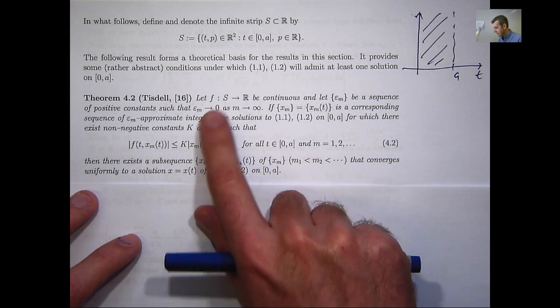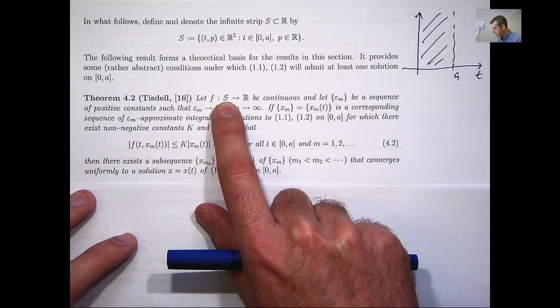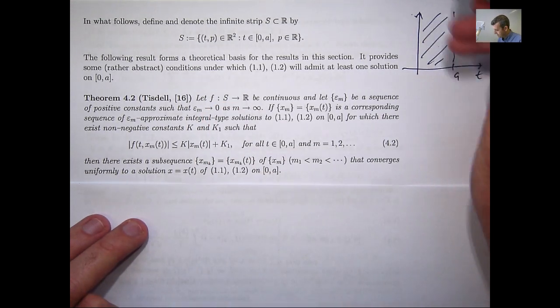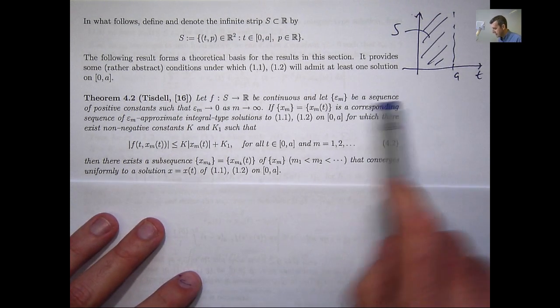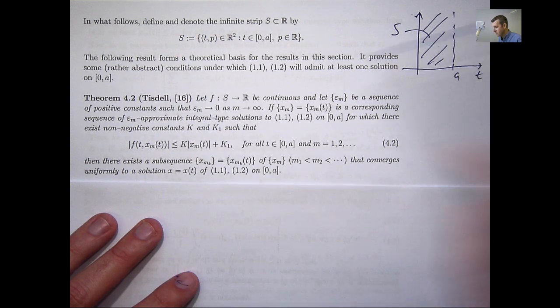Okay, so let f be defined on this strip, and let epsilon sub m be a sequence of positive constants that converges to 0.